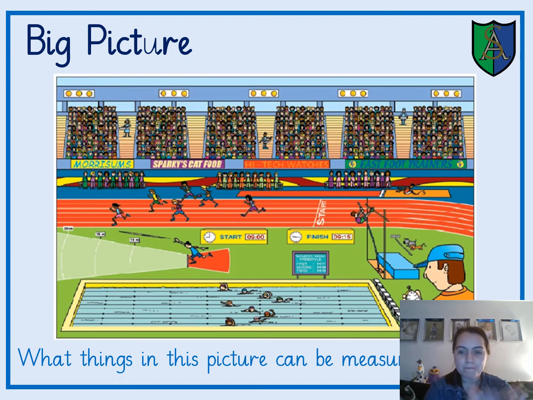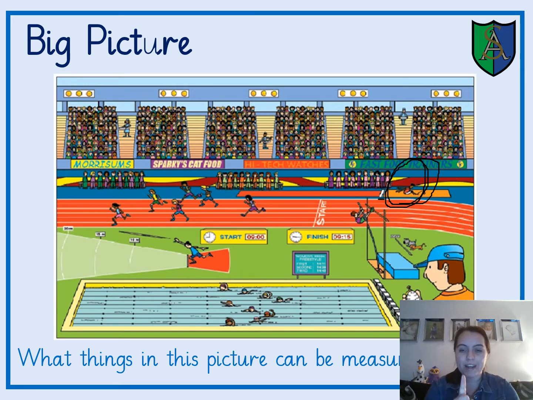So in this picture, my example is this person over here, who is participating in long jump. Whoever jumps the furthest in long jump will be the winner, okay? So I know that this can be measured because the distance between the white line where the person jumps from and to where they've jumped can be measured, okay?